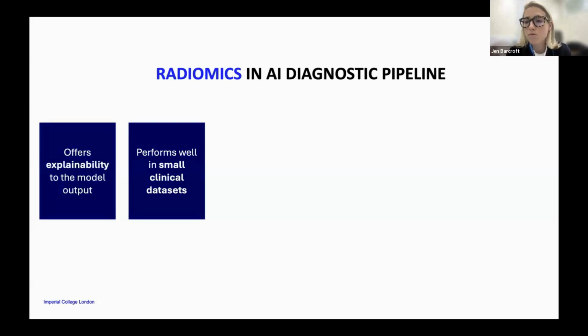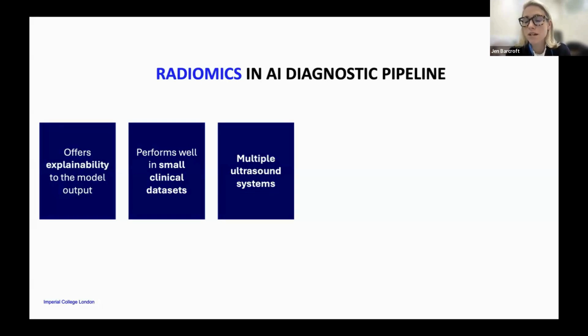It does appear to perform well in a small clinical data set and outperforms a deep learning model in the same data set. We use multiple ultrasound systems to try and create a model that is built on a heterogeneous data set so that hopefully it performs well across other data sets in the future.